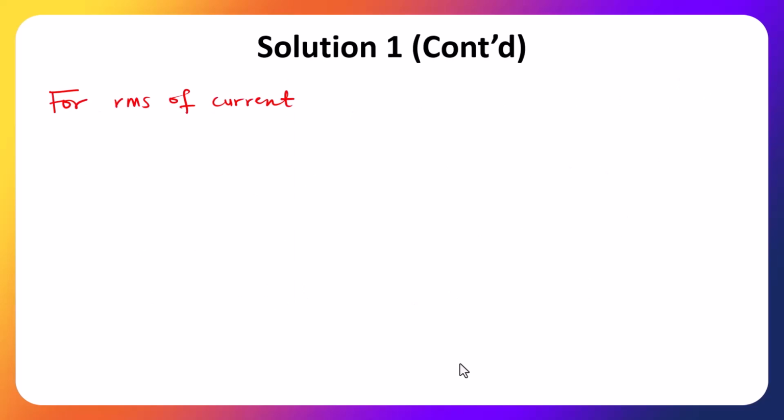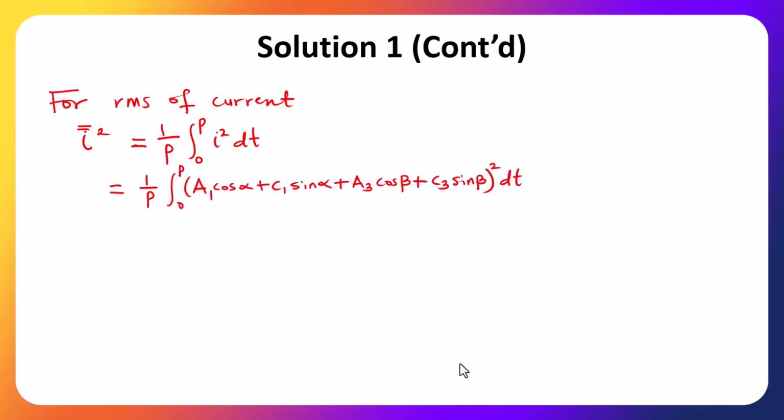So for the root mean square of current, we know that I bar square is given as 1 over P integral from 0 to P I squared dt. So this is equal to 1 over P integral from 0 to P of A1 cos alpha plus C1 sin alpha plus A3 cos beta plus C3 sin beta, all squared, dt.